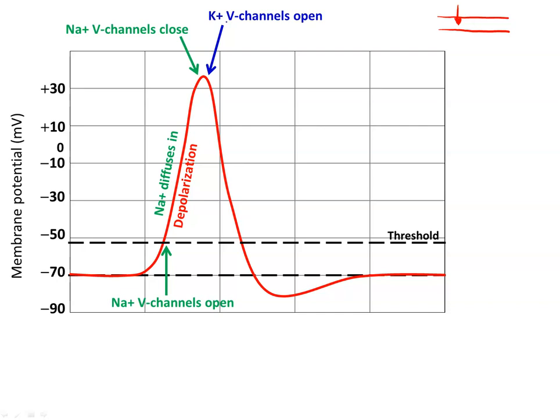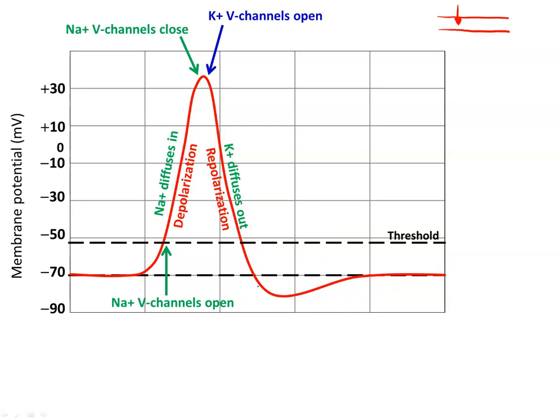Now, because potassium is very high inside of the cell and low outside of the cell, what's going to happen here is potassium is going to diffuse out, traveling down its concentration gradient. This is called repolarization. It's because I'm repolarizing. I'm coming back to becoming more negative.